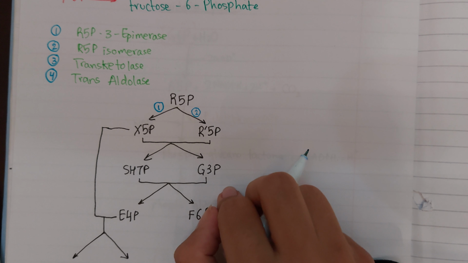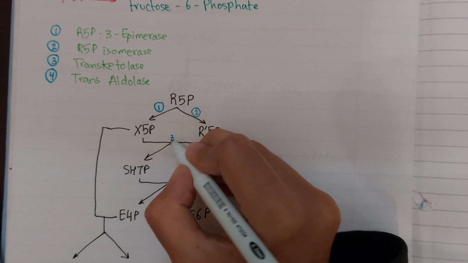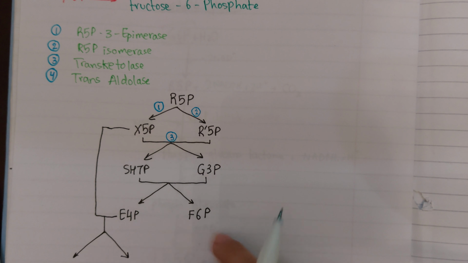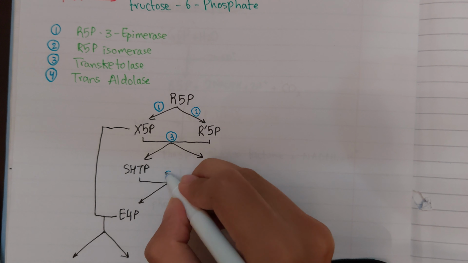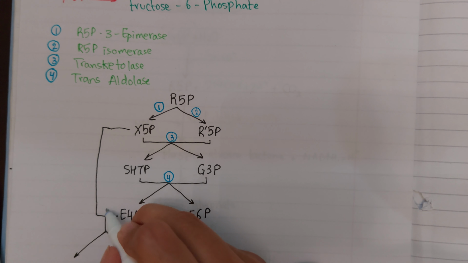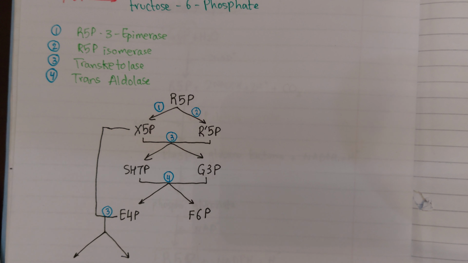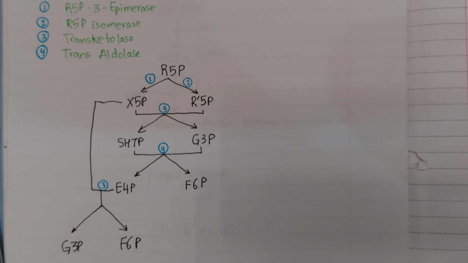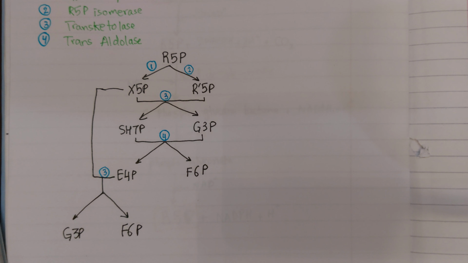To produce these both, transketolase is used, and to produce these both, transaldolase is used, and here once again transketolase is used. So what I did was make this reaction 10 times easier than it usually is.